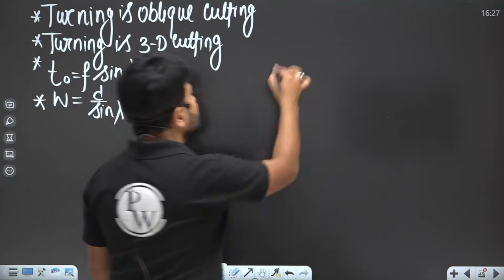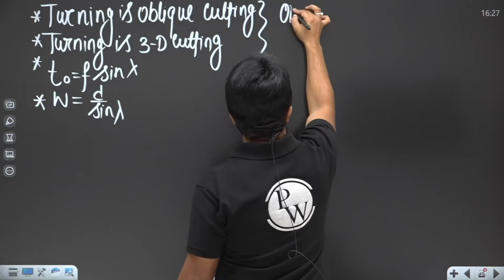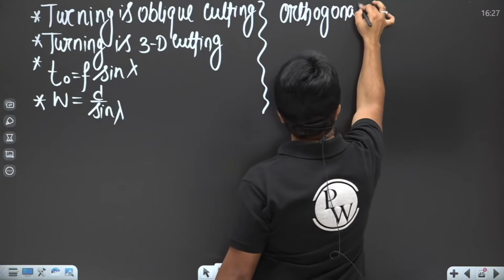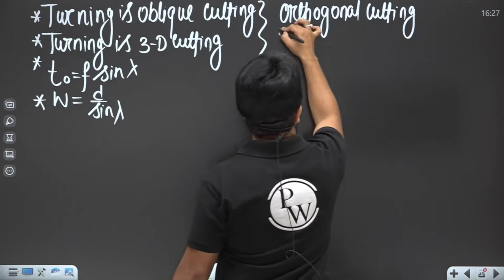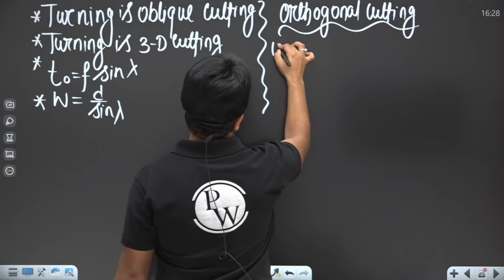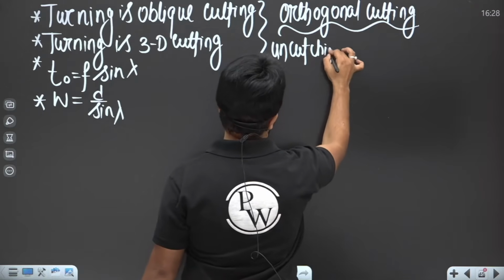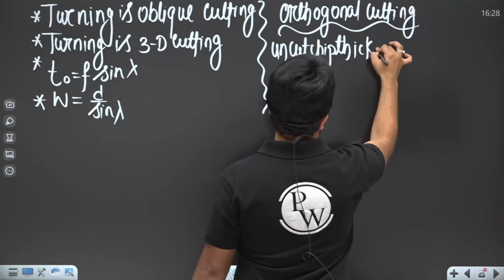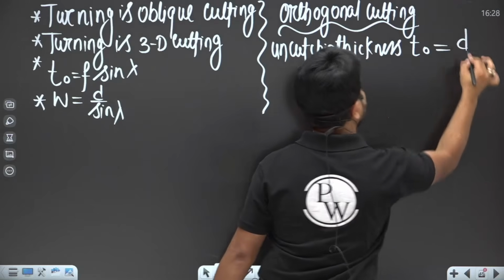In orthogonal cutting, my dear, the uncut chip thickness t0 is the depth of cut which is given.